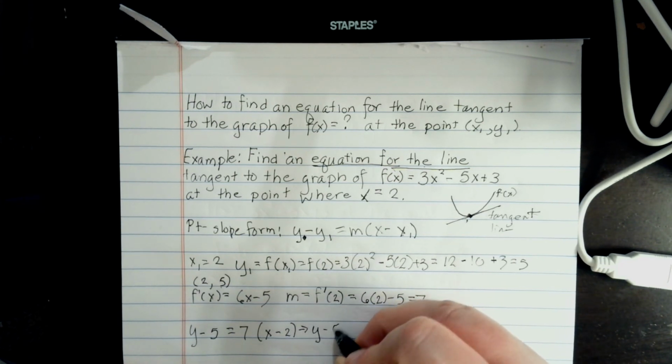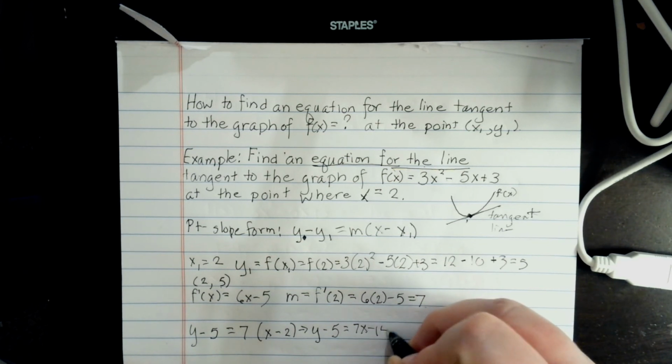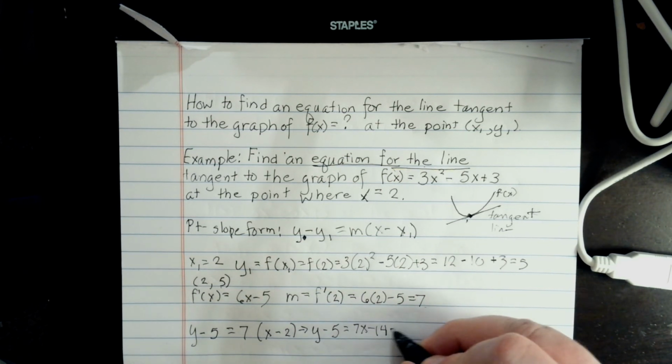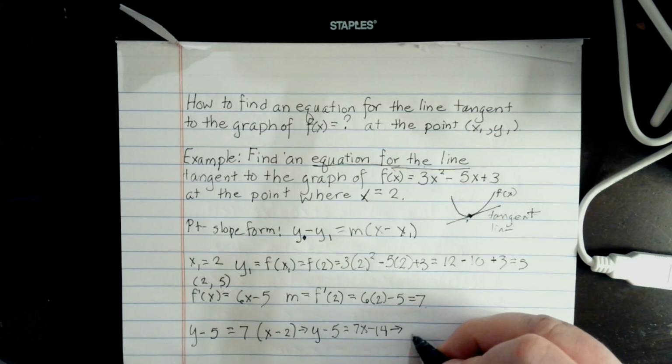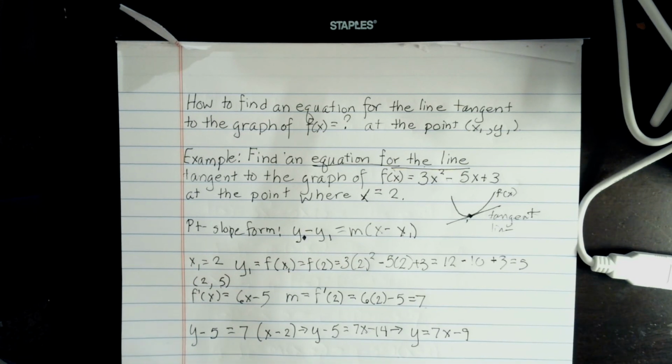So y minus 5 is equal to 7x minus 14. And then that cleans up a little bit more to y equals 7x minus 9. And there you have an equation for the tangent line.